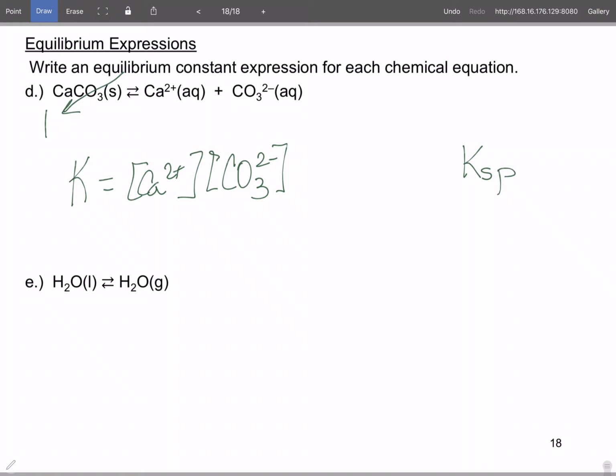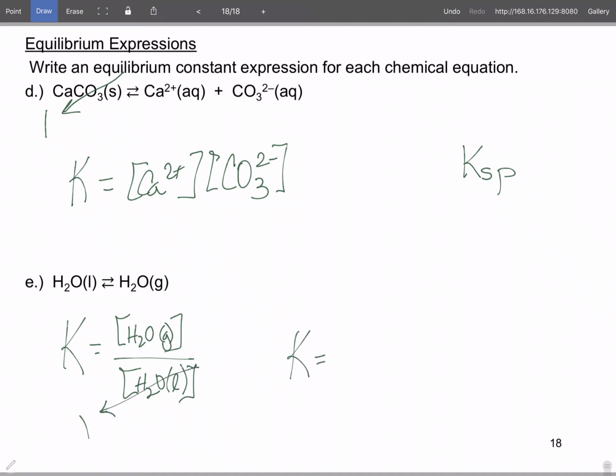And this one here is kind of weird because you're just dealing with water. So on the top, you have H2O gas, and you have H2O liquid on the bottom. Now, wait a minute. We always said that gases always had a mole and a volume, so they always are in, but pure liquids are not. So this is a pure liquid, so it's going to drop to 1.